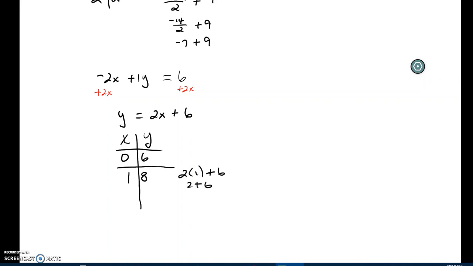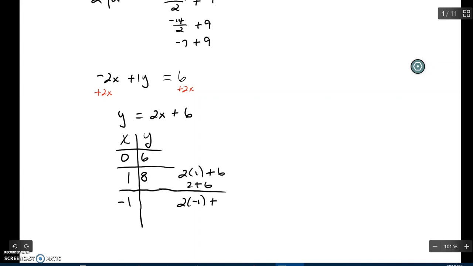I think those will both fit on the graph. If we think 8's too big, we could always plug in -1 for x, and that would give us 2 times -1 plus 6, which is -2 plus 6, which would give us 4.